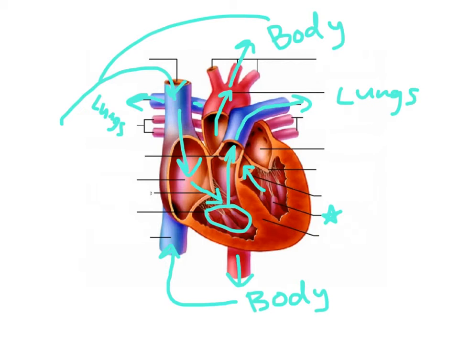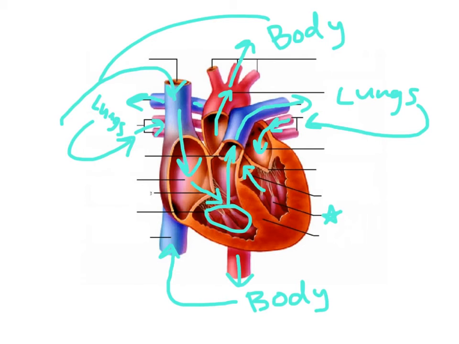And we need to go to the lungs because we have to pick up more oxygen. After the lungs, it's going to return to the heart through the pulmonary veins, which take blood back toward the heart. And the blood will be placed into the left atrium.